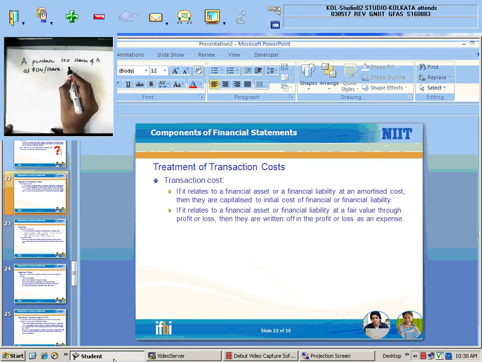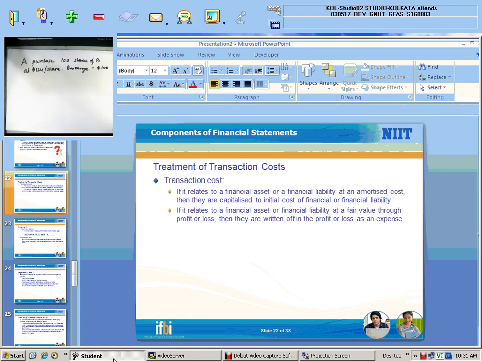Brokerage paid is $100. Now this investment made in the entity B shares classifies the investment or the financial asset at fair value through profit or loss.